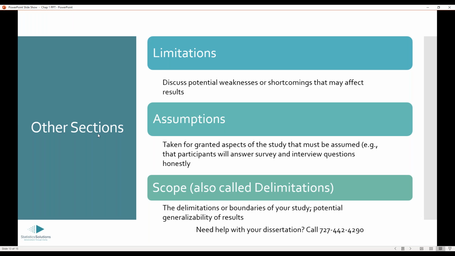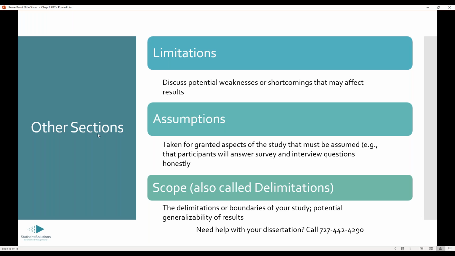If you're going to do qualitative studies, this may affect your ability to do interviews. Obviously, you can do interviews with things like Zoom. So that could be a potential limitation looking forward. So anything that may affect how you're going to do your study, and specifically how you get your results and affect the analysis of your results.